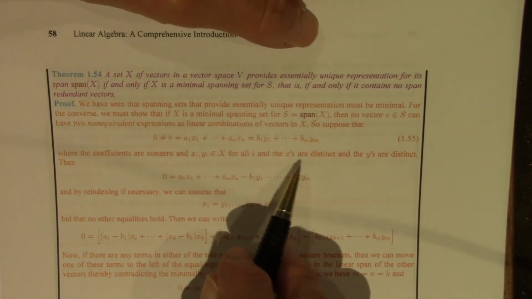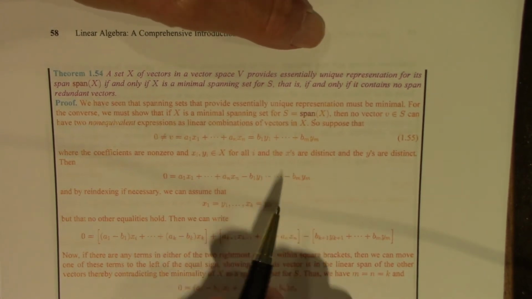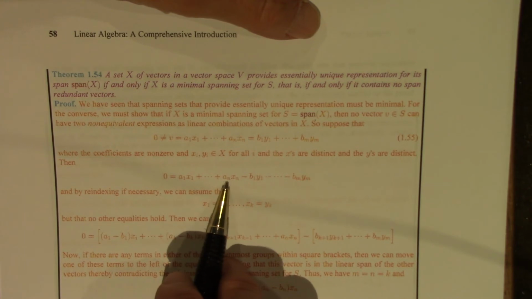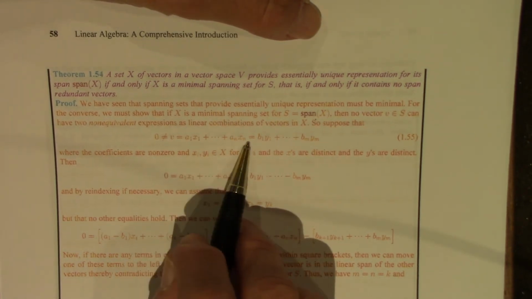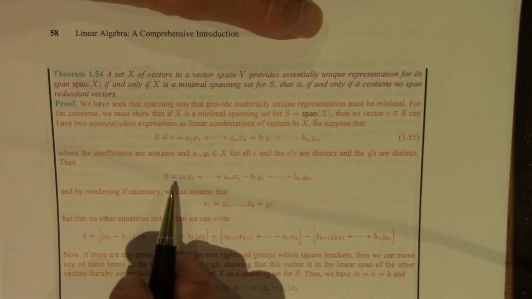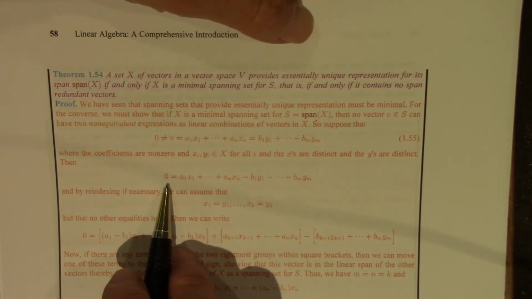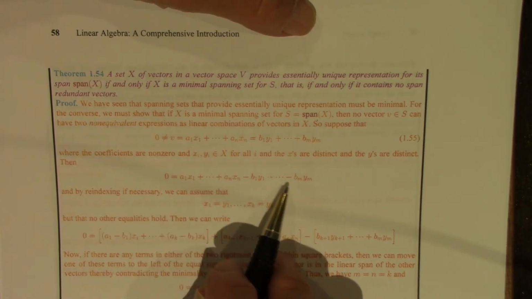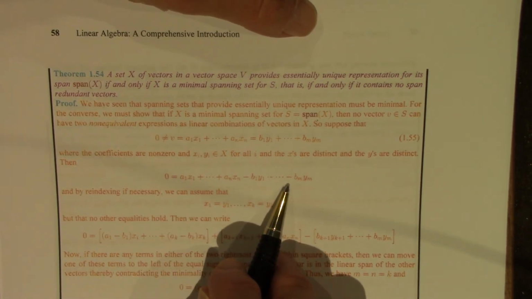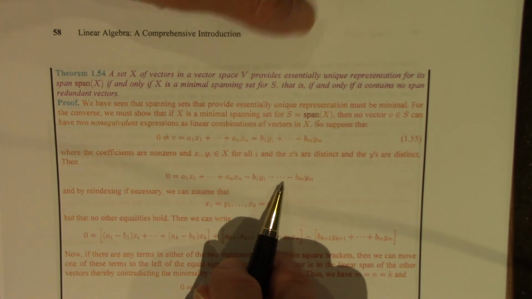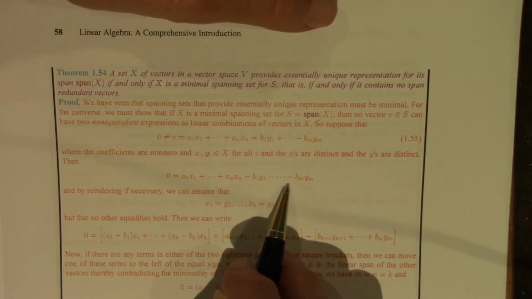All right, so this is what we're going to do. This is the linear combination here, and we'll subtract from it this linear combination. So we're going to get 0. Some of the x's may equal a y. That's certainly possible. The x's are distinct, the y's are distinct, but we don't know whether the x's are equal to the y's. That's what we're trying to show.